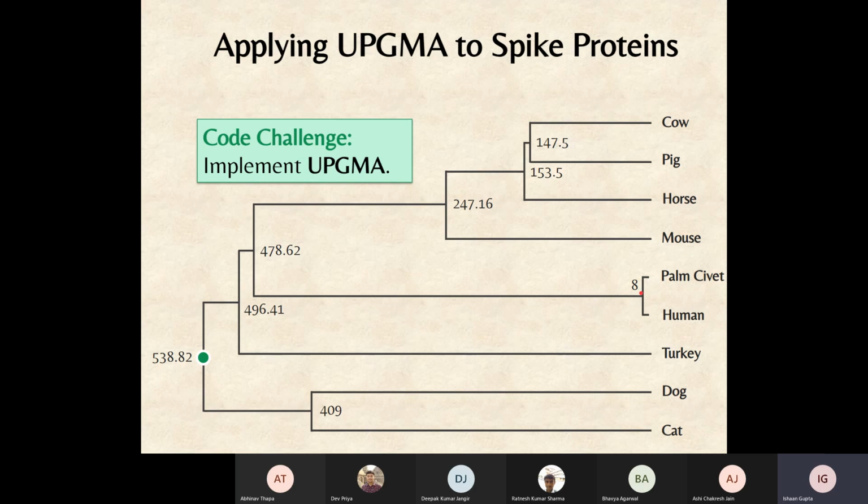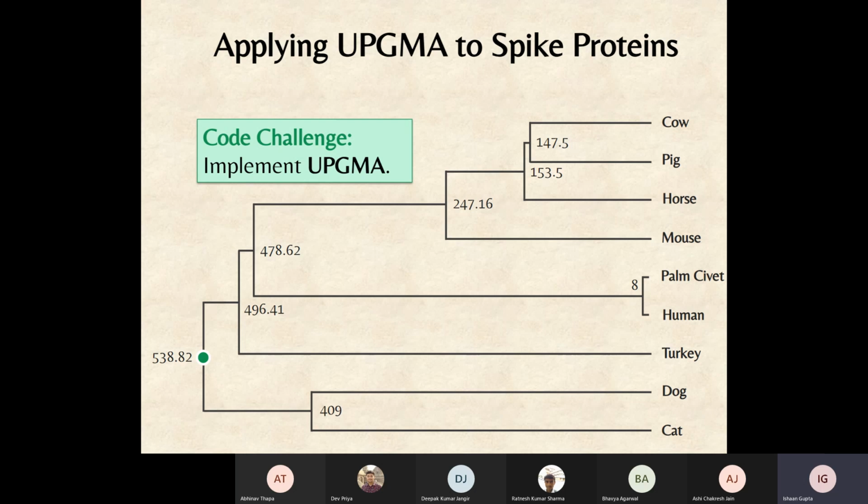This tells you that the ancestral strain that could infect both, that diverged, that could infect the palm civet, had 8 mutations, and that could basically infect the humans, had 8 mutations. Just like that, this is how this particular part of the virus was evolving.